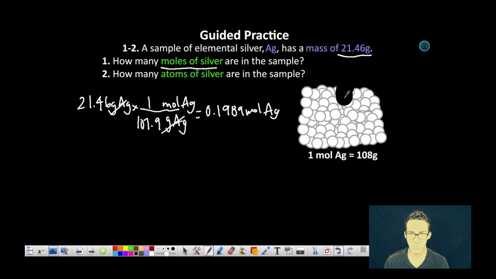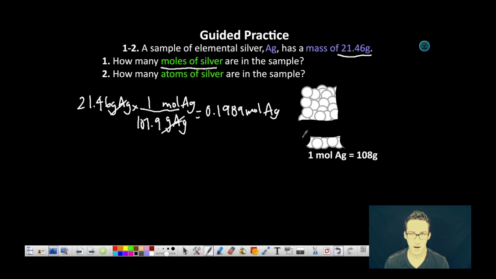And that makes sense. If I were to cut this mole of silver in half, I would go from about 108 grams to about 54 grams. So I have less than even half a mole, which I do, so that makes sense. If I cut that 54 grams in half again, at a quarter of a mole I would have 27 grams, and I have less than that, so I should have less than a quarter of a mole.